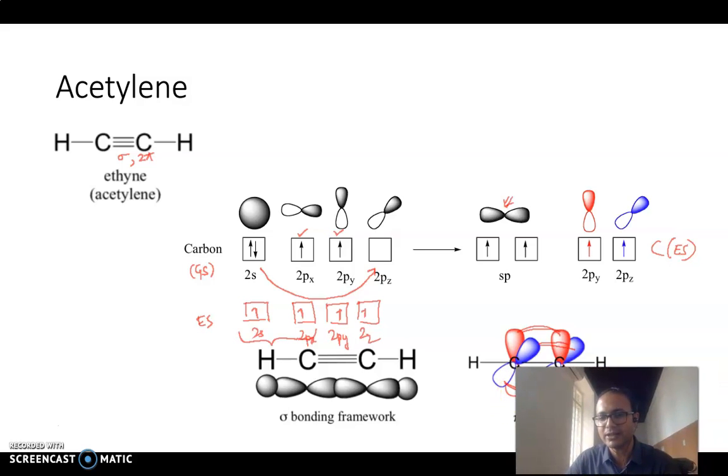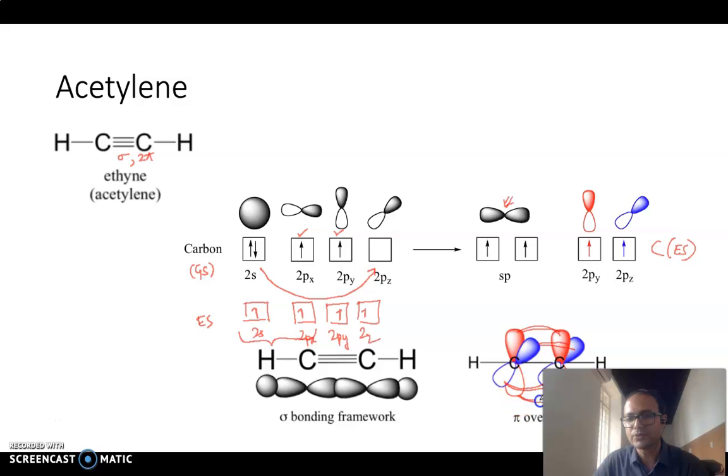Since there are two unhybridized p orbitals, there are two pi bonds possible in the case of the ethyne molecule. Because in the ethyne molecule, after hybridization, there are two hybridized sp orbitals and two unhybridized p orbitals.